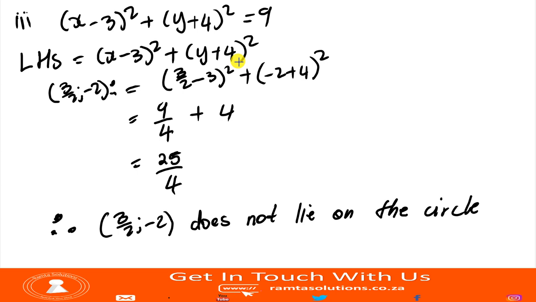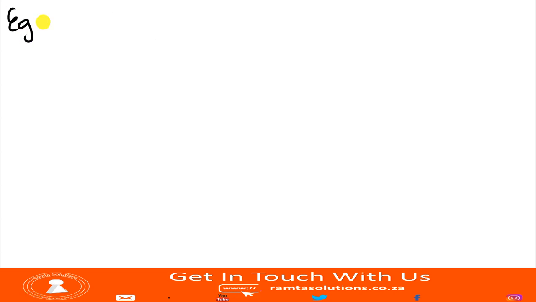All right. Now, I have to give you another example, a third example. Example 3 is where you use completing the square.